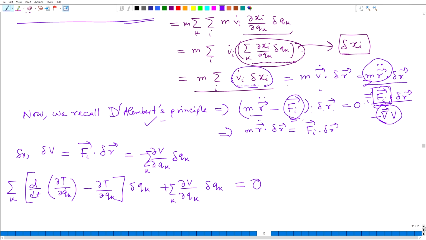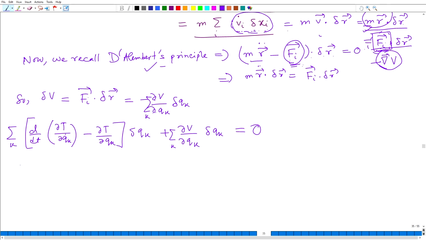Okay. I can now suppose, assuming del V, so V is a function whose only dependence is on q's and t. Okay.